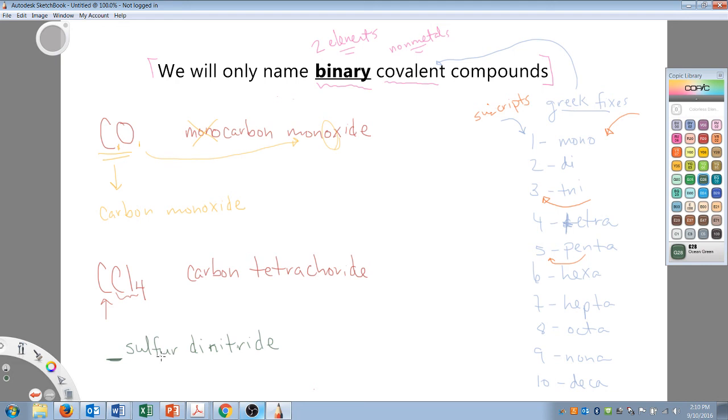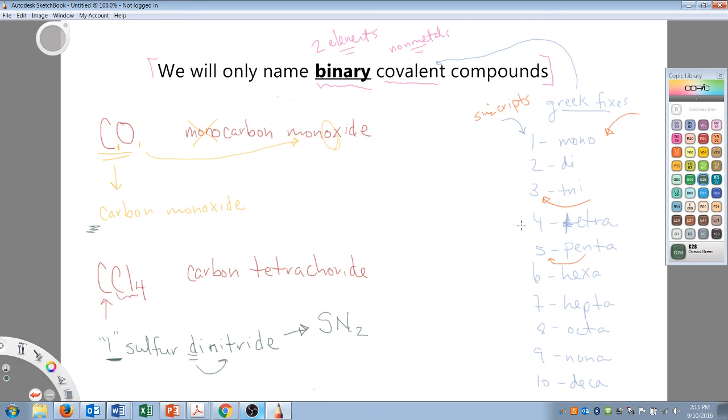So that's why we have to be aware of the rule that if there is no prefix on the first element, then it's an implied 1, right? There's a little 1 here. So we're going to call this S, and we know that there's just one of them. I see that there are 2 nitrides, so I would say SN2. So sulfur dinitride would have a formula of SN2.